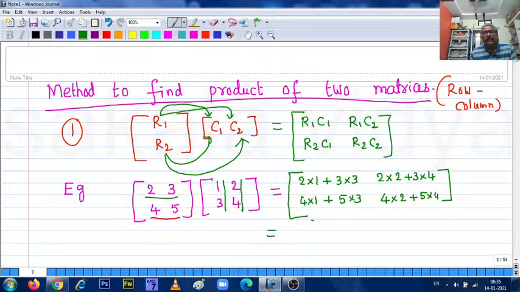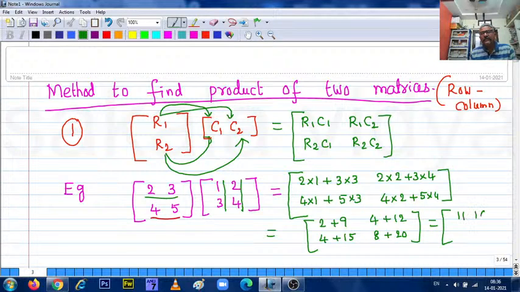Here you get 2 plus 9, 4 plus 12, 4 plus 15, 8 plus 20. So we get 11, 16, 19, 28. This is a 2 by 2 matrix.